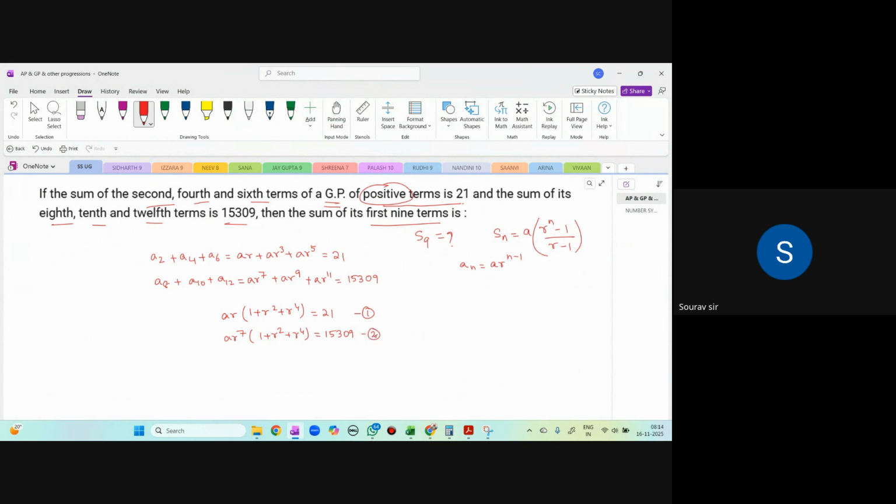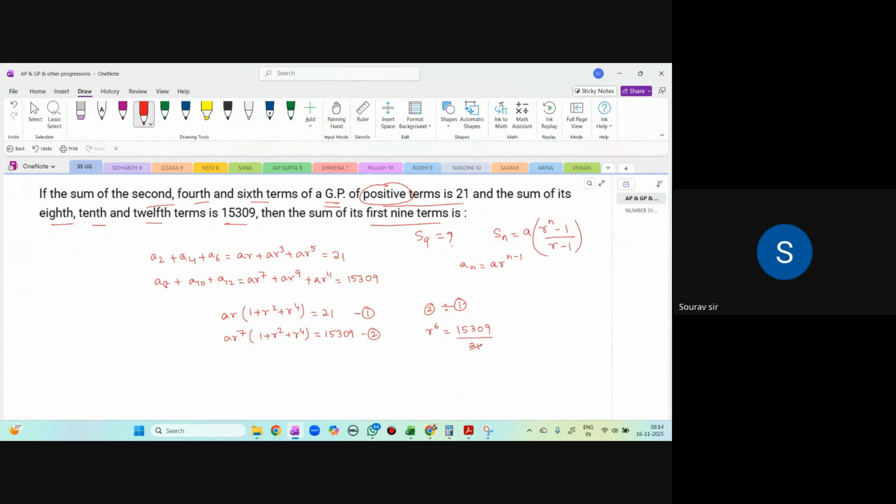So you divide the second one by the first one. So 1 plus R square plus R4 cancels out, A cancels out, R7 by R becomes R to the power 6 equals 15309 by 21.